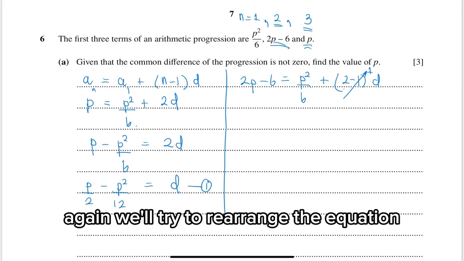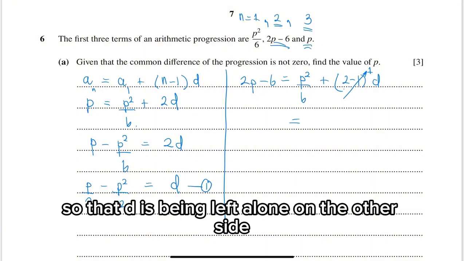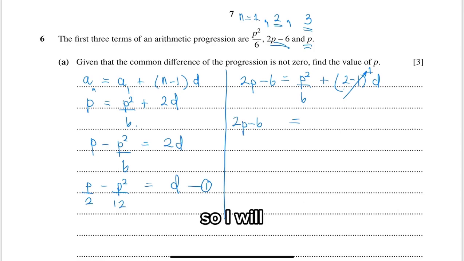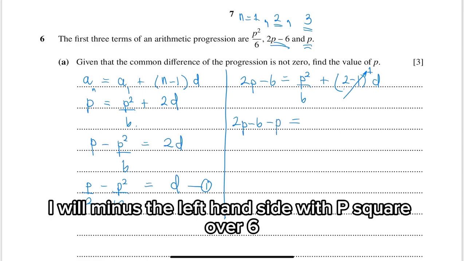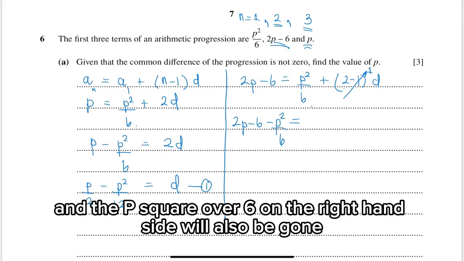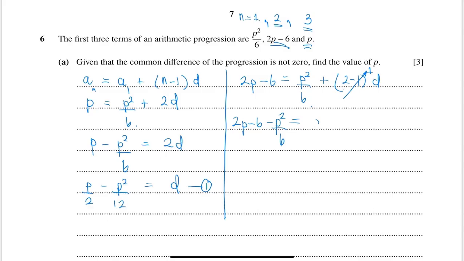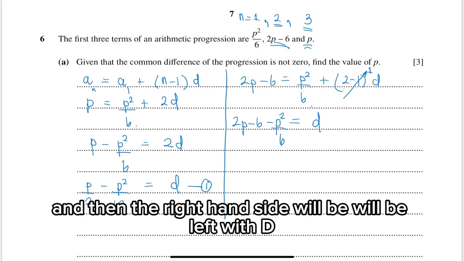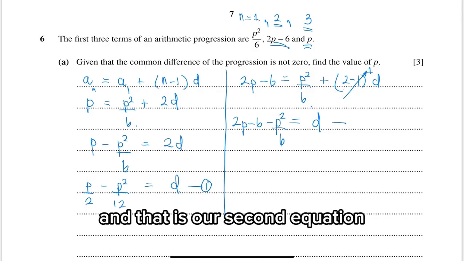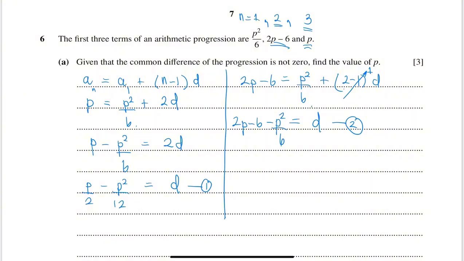Again, we'll try to rearrange the equation so that d is being left alone on the other side. So I will minus the left hand side with p squared over 6, and the p squared over 6 on the right hand side will also be gone, and then the right hand side will be left with d. And that is our second equation, right?